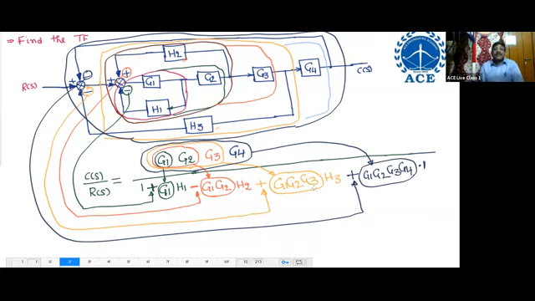But whatever it is, if an objective bit asks to find the transfer function, then we will simply follow signal flow graph analysis. If the block diagram can be simplified directly, without shifting operations, if you are able to write directly, then we can use the block diagram technique and get the transfer function.